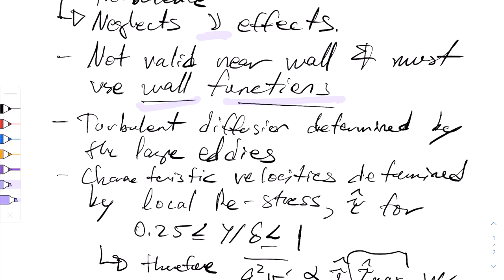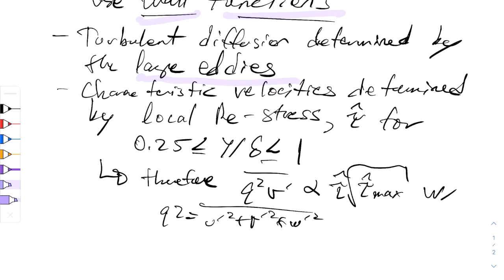Also, the model assumes that the turbulent diffusion is determined by the large eddies only. The characteristic velocities are completely determined by the local Reynolds stress, as we'll show in the following equations, which we'll define as tau hat. And this is valid in the region of y over delta, where delta is the boundary layer thickness, between 0.25 and 1, which is quite a large region of the whole boundary layer thickness.